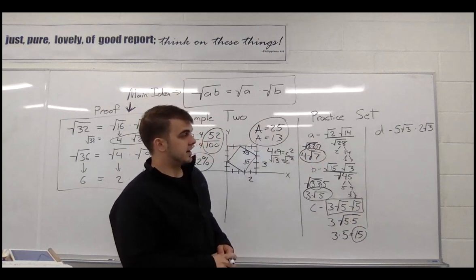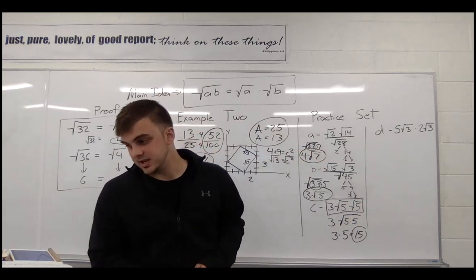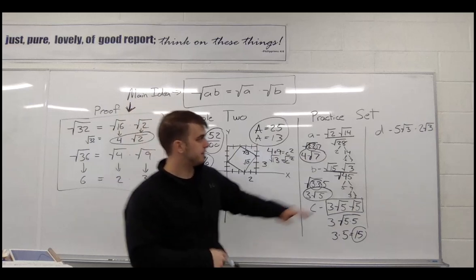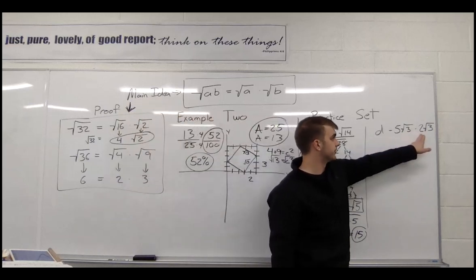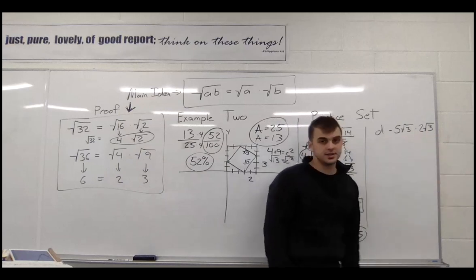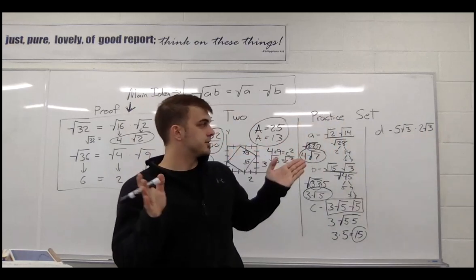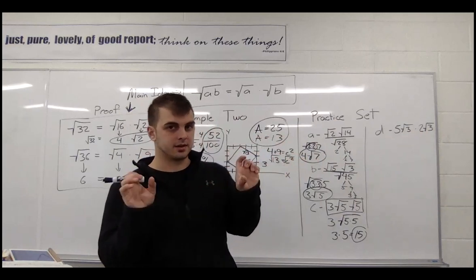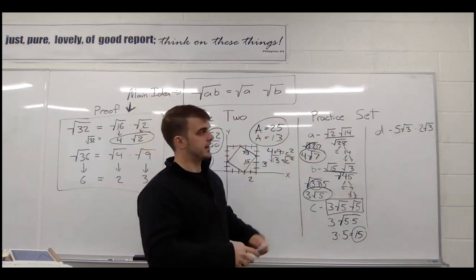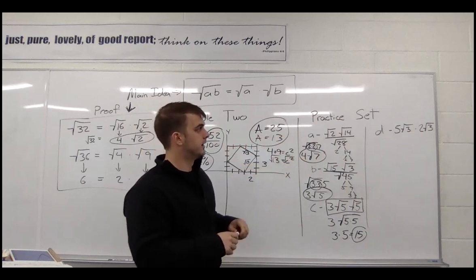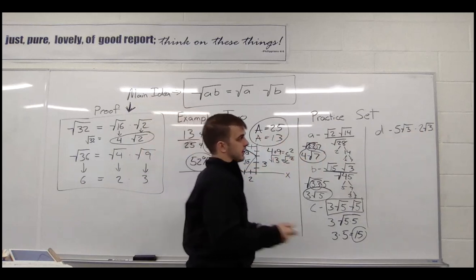All right, then example D here, you have the 5 and 2 outside the radical sign, and you have the 2 3's inside. So you can multiply the 2 numbers on the outside, and you can multiply the 2 numbers on the inside. As long as they are in the same place, in the same house kind of or area, you can take care of them.